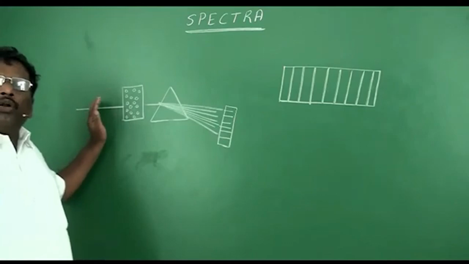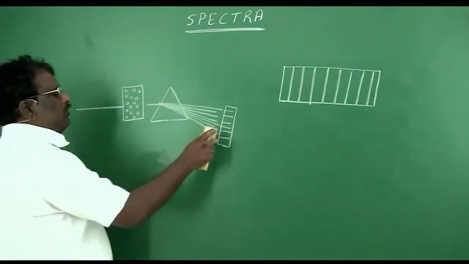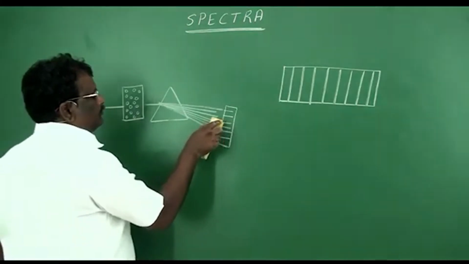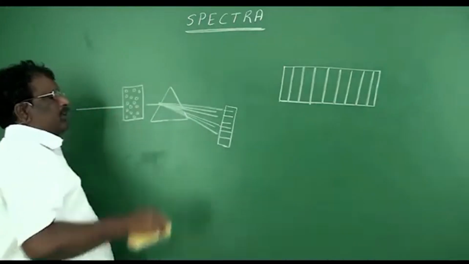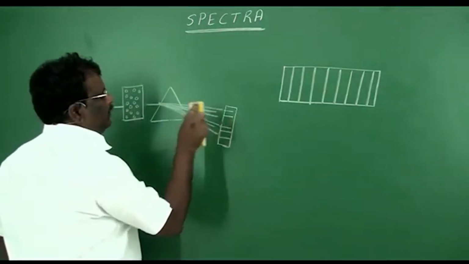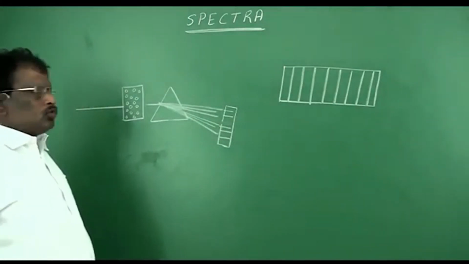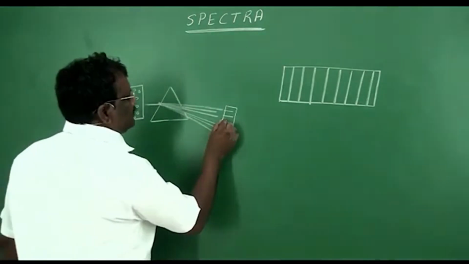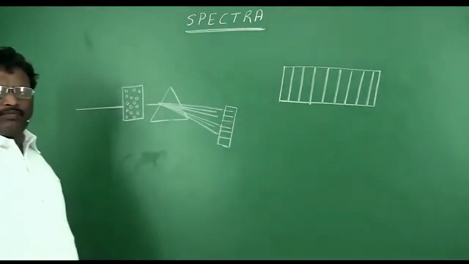So, before this light enters into the prism, suppose this wavelength was absorbed. What happens? This line in the spectra will disappear, and because of that, there will be a gap found here. So all the lines will appear in the spectra except the line that was absorbed by these atoms.